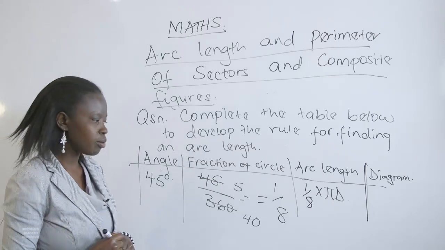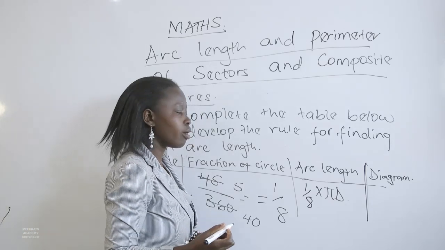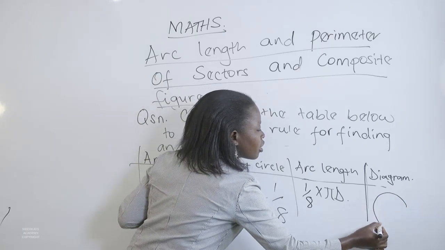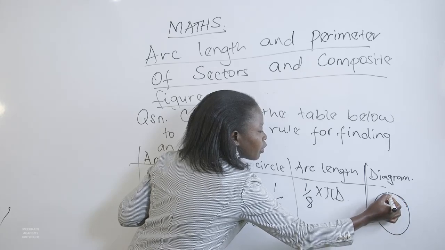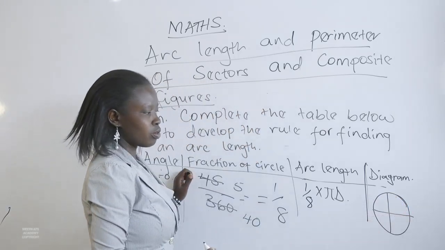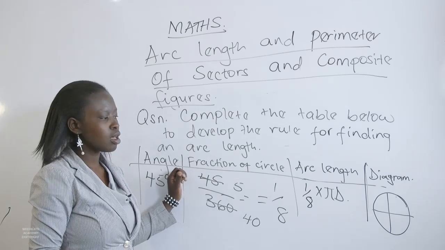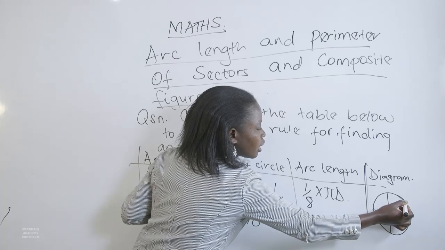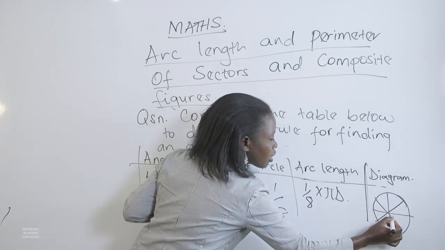So what is the diagram? We need to show an eighth of a circle. So if I have this given circle, then I need to have an eighth of a circle. Those are just quarters of that circle, so I'm looking for an eighth of the circle.